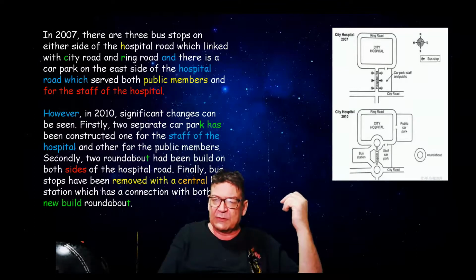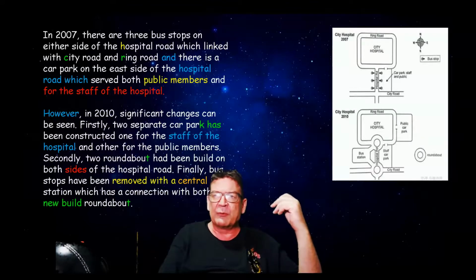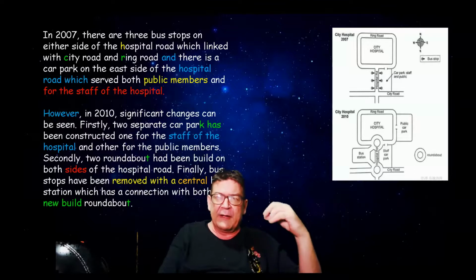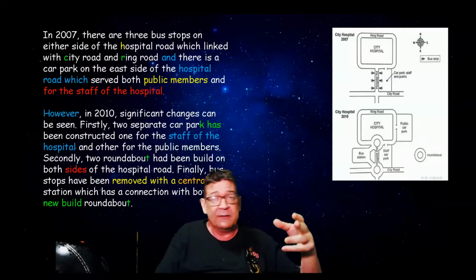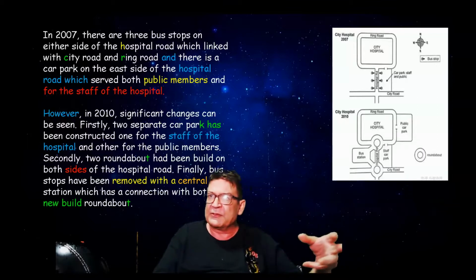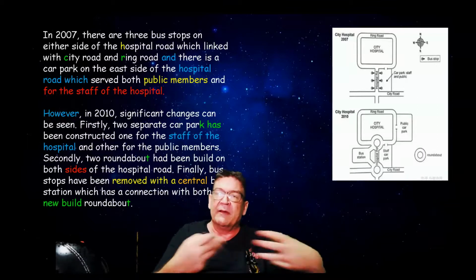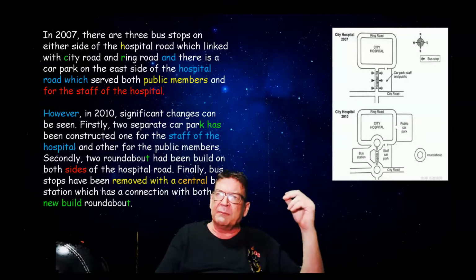Roundabouts. Okay, have you summarized here? No. There's no summary here. This is just reporting. Have you reported the information accurately? No. Have you selected the most important features? Again, no, because you've reported everything. And have you made comparisons? Not that I can see.